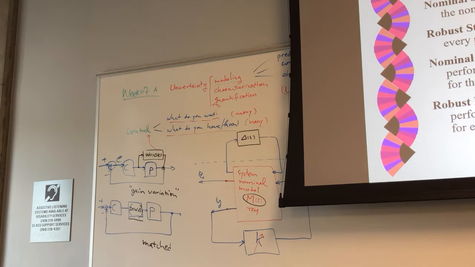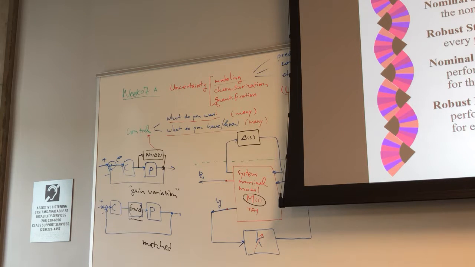I call it gain variation. To me, it's equivalent to the gain changing. Yeah, gain uncertainties in the SISO case.